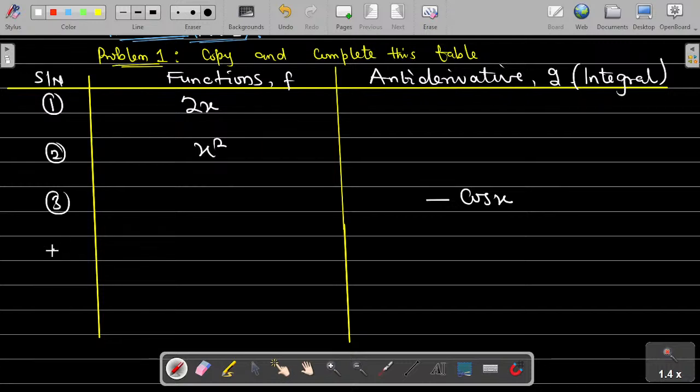Okay, then number 4, we are given sec squared x, so we are to get the antiderivative.